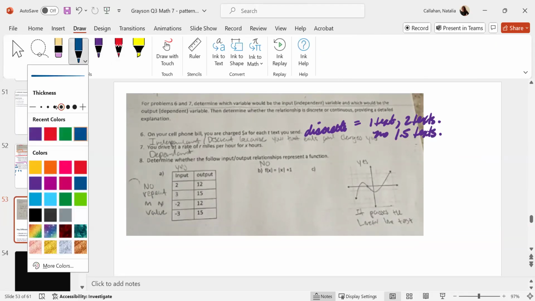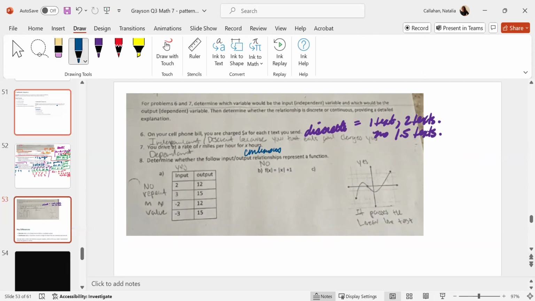Next one. The driving of miles per hour. This is continuous. Okay. You can have 1.25 hours, correct? Or you can drive 1.05 miles, right?